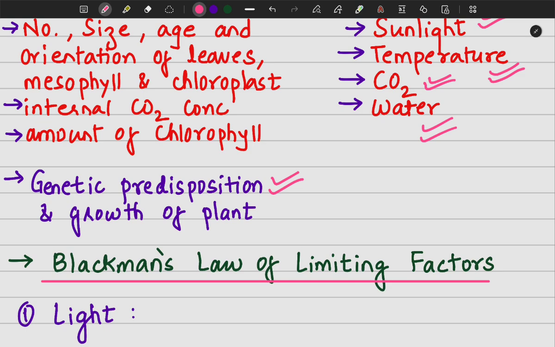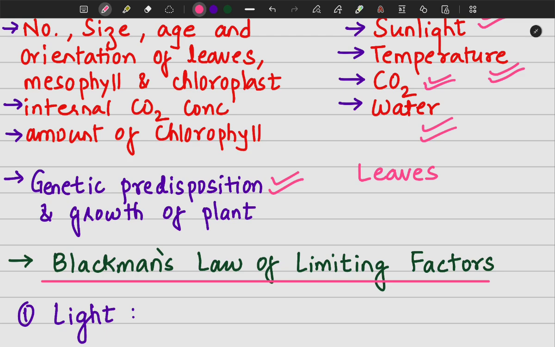So for example, if there is a plant in which the number of leaves are optimum, it has a large number of leaves, the size of the leaves are also very large, the amount of chloroplast is also abundant inside the leaves, the levels of carbon dioxide are optimum, and the amount of sunlight is also optimum for the photosynthesis to occur.